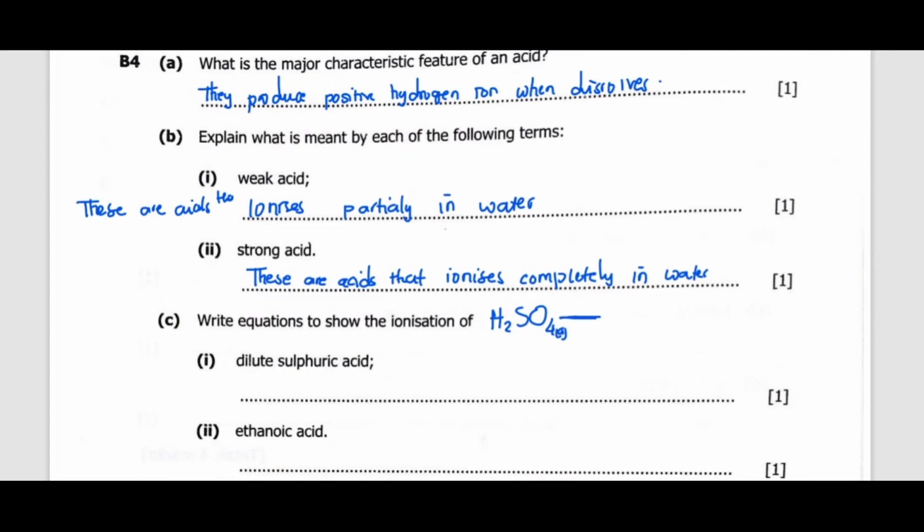This will first ionize. If we ionize, we are going to remove one hydrogen, which gives H+ aqueous. So if we remove one hydrogen, the rest will remain here. After removing one hydrogen, we are going to have a minus 1. Then the second one, we now get hydrogen sulfate.